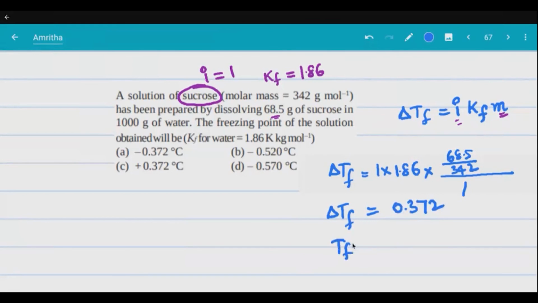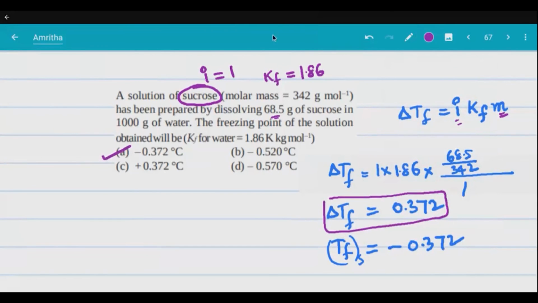So the freezing point of the solution is equal to minus 0.372. That much decrease is there. Delta means compared to 0, that much decrease. So don't write option C, option C is not correct. It should be A, because compared to 0, it is decreased.